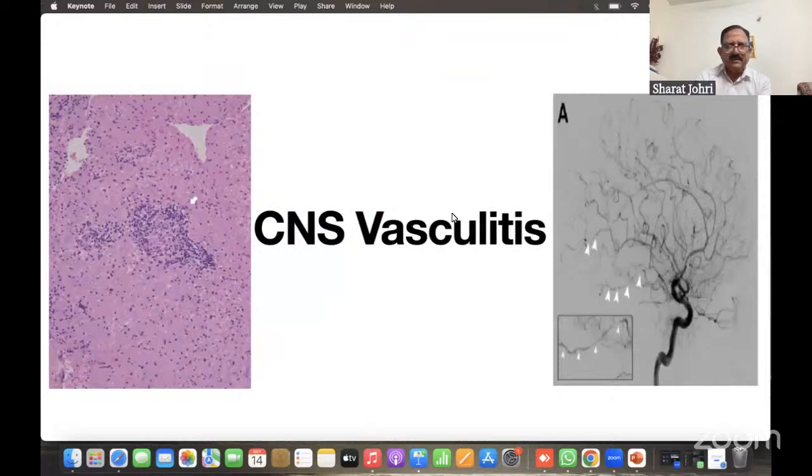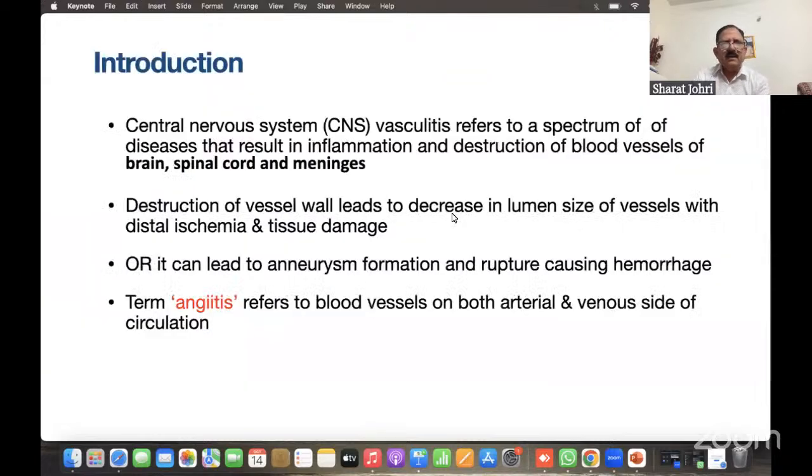Now, CNS vasculitis refers to a spectrum of diseases that results in inflammation and destruction of blood vessels of the brain, spinal cord, and meninges. This destruction of vessels leads to a decrease in the lumen size of the vessels, and it can cause ischemia, which can lead to tissue damage.